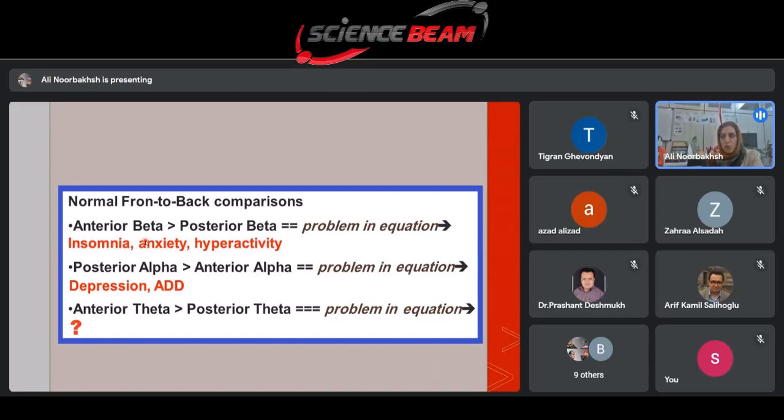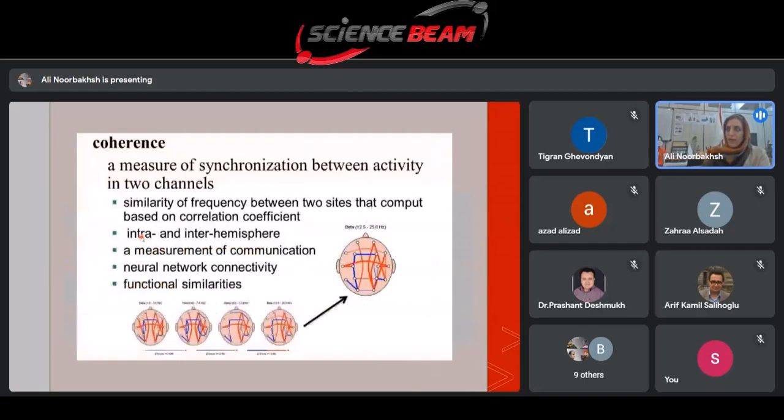Because it's referred to amplitude. Again, we have coherency, a measure of synchronization between activity in two channels, and it's referred to the frequency band again.